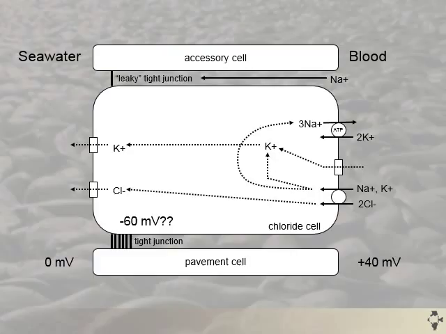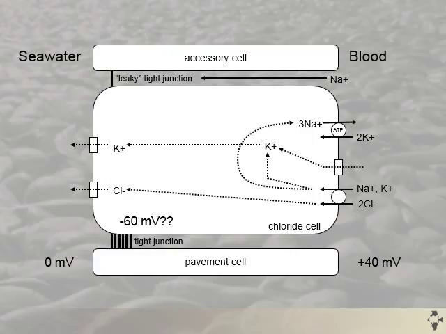Okay, so let's get a little bit more detailed here in our description of how these chloride cells work. As I'm sure you have assumed, the chloride cells are really critical in terms of osmoregulatory function. So let's see how they actually work. So first we're going to begin with a chloride cell adapted to seawater conditions. In this case, the purpose of the seawater adapted chloride cells is to export excess sodium and chloride.